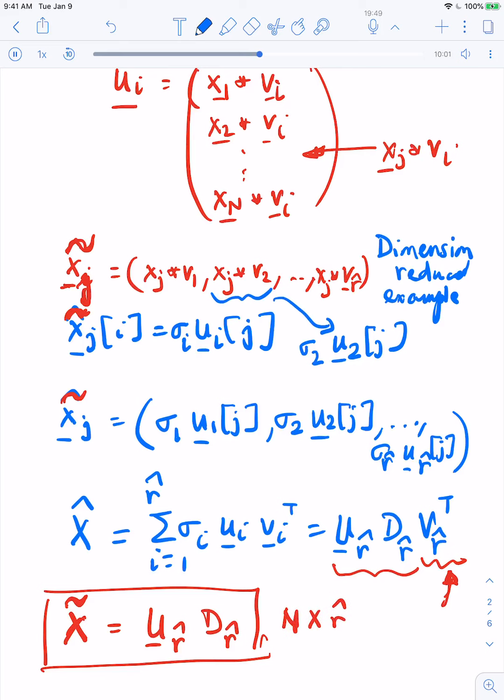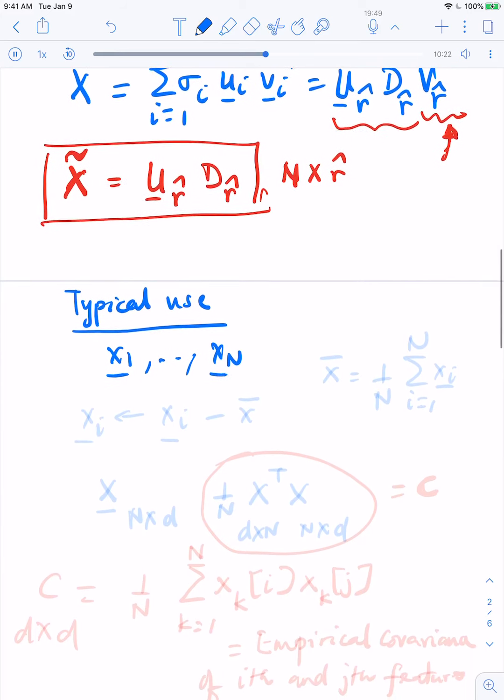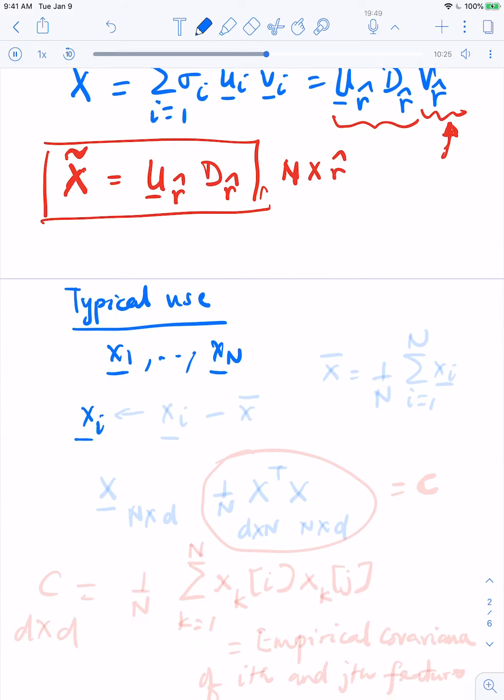So typical use is I have the x1 through xn, but I replace xi by xi minus the empirical mean, which is just 1 over n summed over the examples. So each feature now has zero mean across the examples.